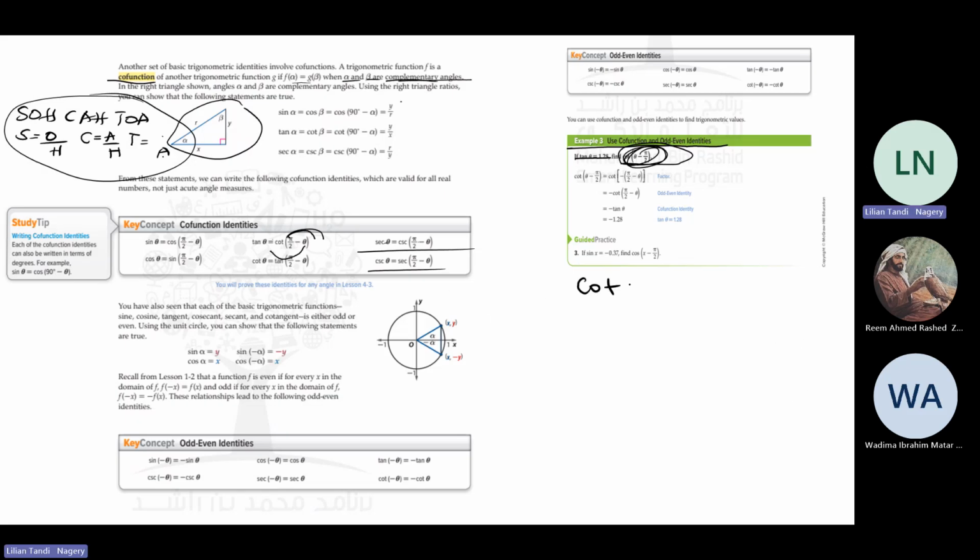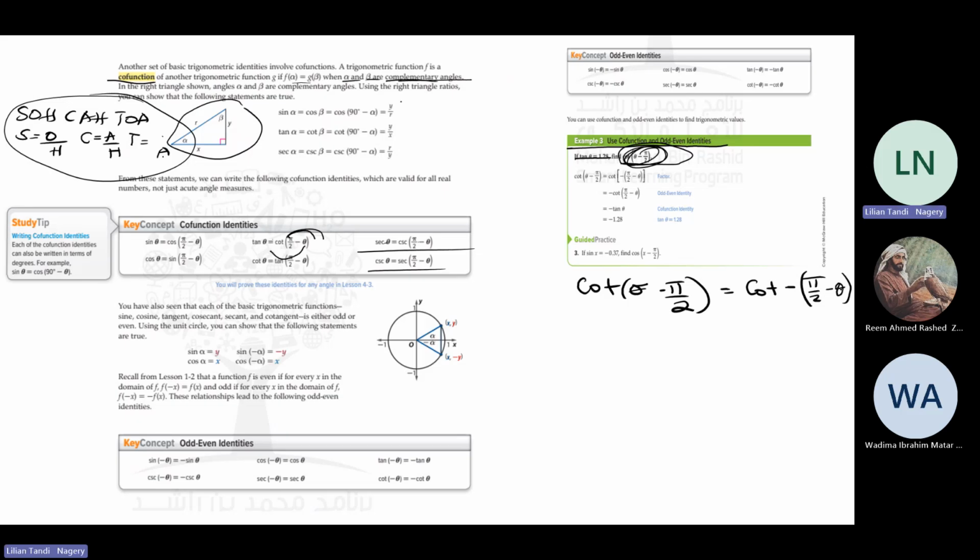Cot of theta minus pi over 2. I want it to be cot with the negative outside. So if I remove the negative outside, I start with the term that was negative pi over 2, and then I subtract. Why?